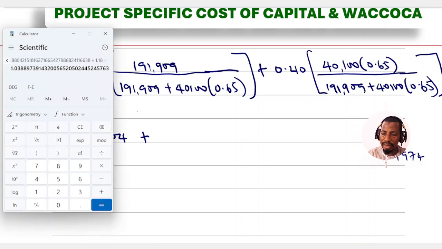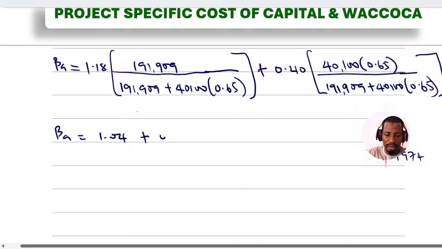The other side is 4100 divided by 217,974. The denominator is 217,974 equal, then multiply by 0.4 equal, that's 0.07.